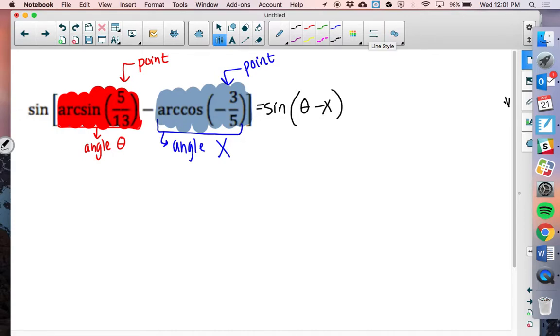And this should remind you of those formulas that we used last unit. If you pull out that little half sheet that had all the formulas on it, we had a difference formula for sine, sine of alpha minus beta. And in this case, we've got sine of theta minus x. So that becomes cosine theta sine x minus sine theta cosine x.